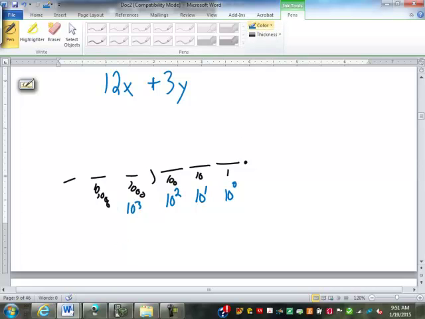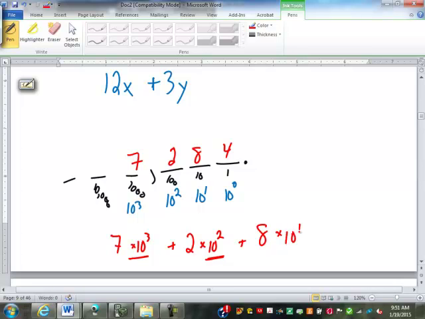If I were writing out numbers in expanded form, let's say I had 7,284, I could write that as 7 times 10 to the third, or 7,000s, plus 2 times 10 squared, or 200s. This is just an abbreviation for thousands and hundreds. Plus 8 times 10 to the 1, plus 4 times 10 to the 0.